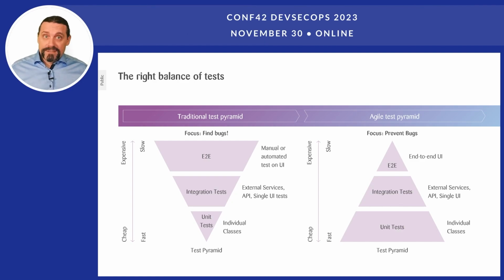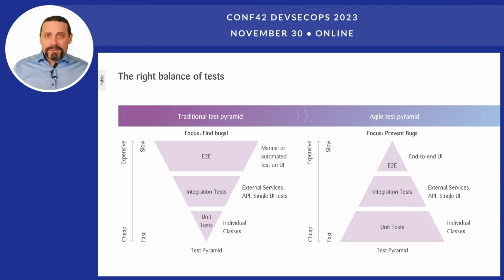When you apply agile testing, and you could see that when you have the specification of the acceptance criteria written in a BDD form, and when you apply test-driven development, so always first write a test before the implementation, then you get a massive amount of unit testing, because everything is tested, and some integration testing, and only a few end-to-end tests.